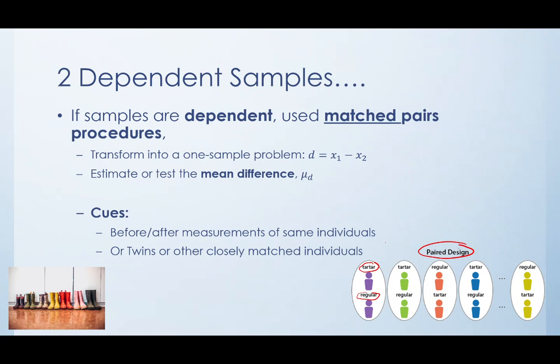And so in this case, two sets of measurements on the same people, you've got one set of data being all the tartar. Oops, I noticed that they weren't all tartar. And the other set of data being all the regular. And there is a link between those two data sets in that you have the same person in each group, right?